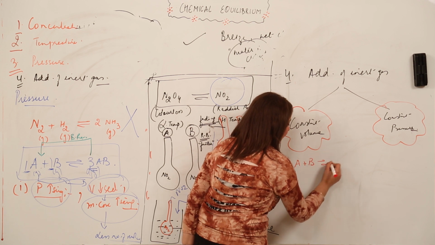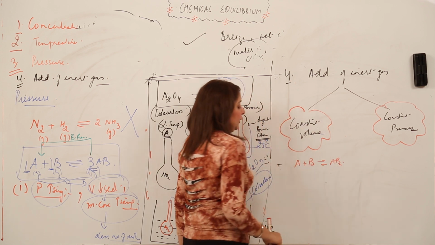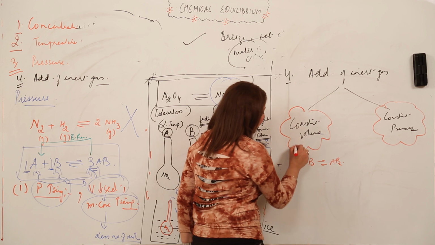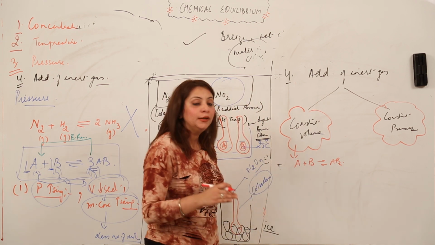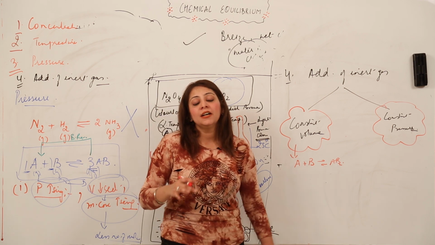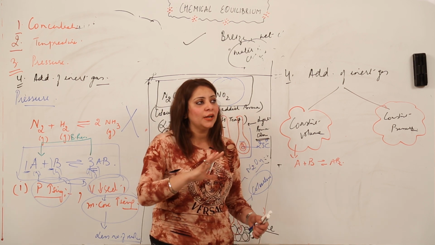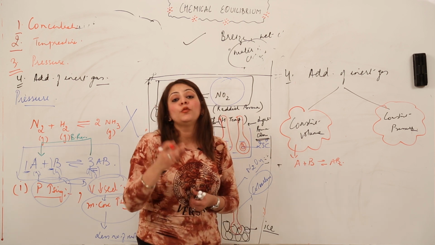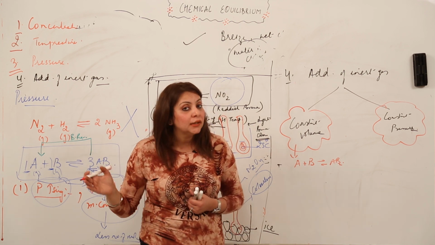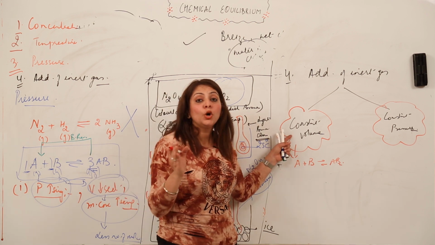So the first condition which we are seeing: I have an example of a reaction A plus B, again a general reaction. I am adding an inert gas to it at constant volume, right? So when I add this inert gas to the reaction, the volume is not going to be altered, because it is occurring at constant volume.